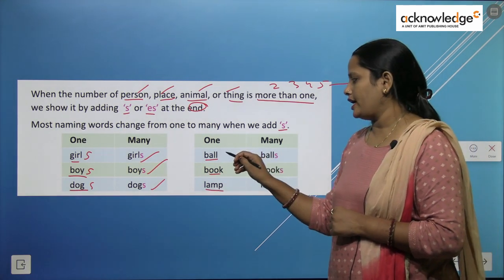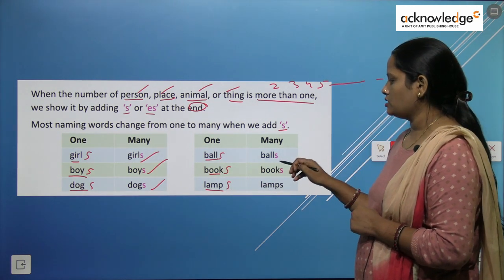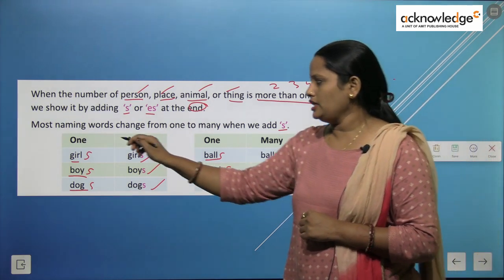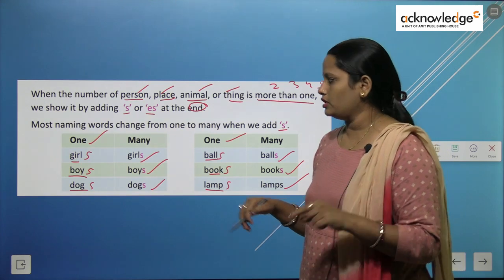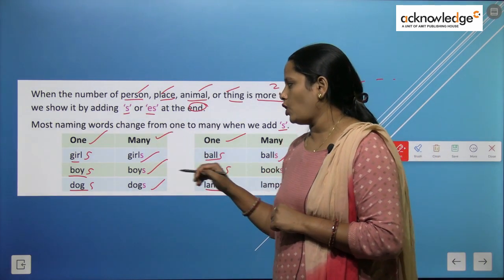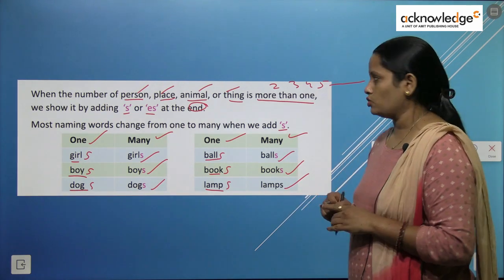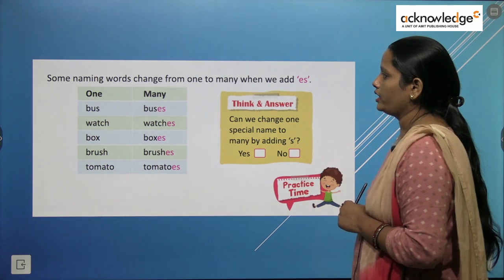Again we are going to add S, S and S and it becomes balls, books and lamps. So, those in the one column are only 1 in number and those in the many column are more than 1, more than 2. So these are many.